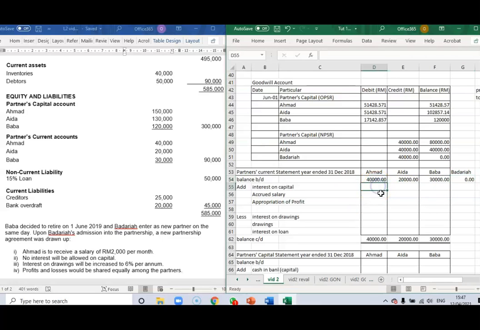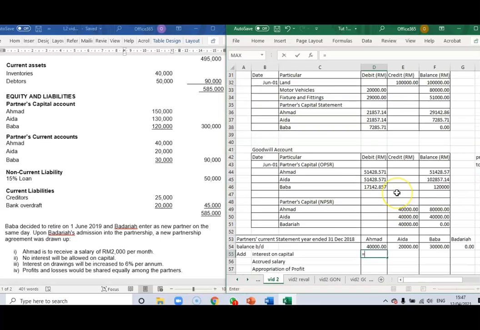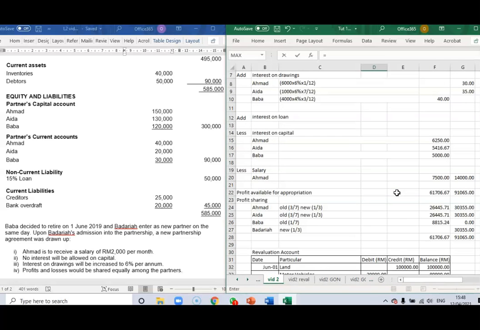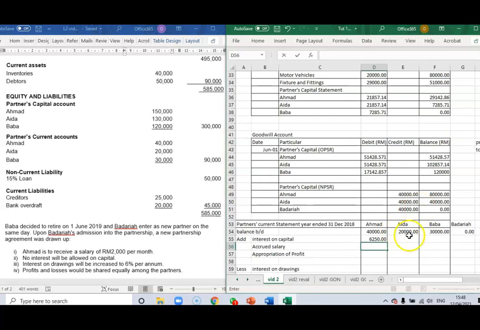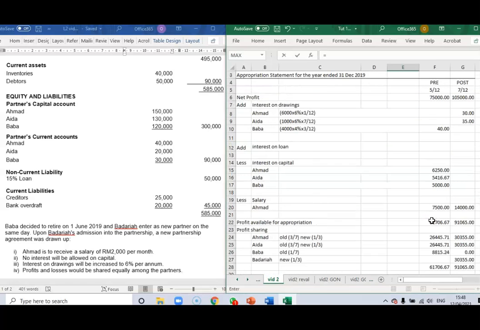And interest on capital, then you can look if there is an interest on capital for Ahmad. Yes, there is. And do you have accrued salary? No, you do not have accrued salary. It's 0. Appropriate profit. Wait. Let's settle for the interest on capital first.